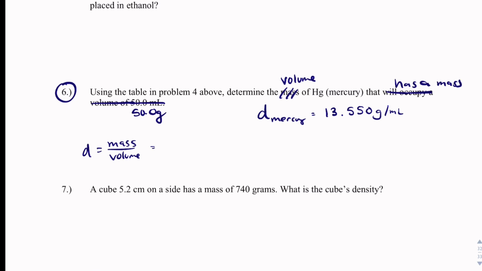And I'm going to plug in what I know. 13.5 grams for every 1 milliliter. We are given 50 grams. That'll be our mass. And we're going to solve for our denominator. Because on one side our volume is in milliliters, we'll need milliliters over here.